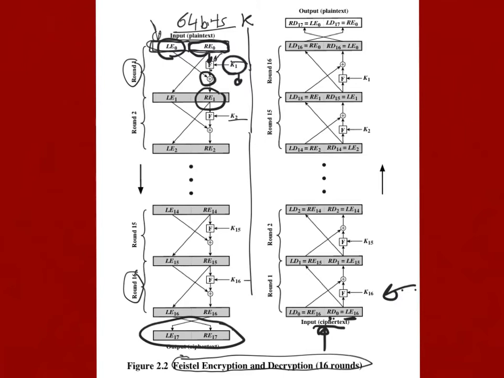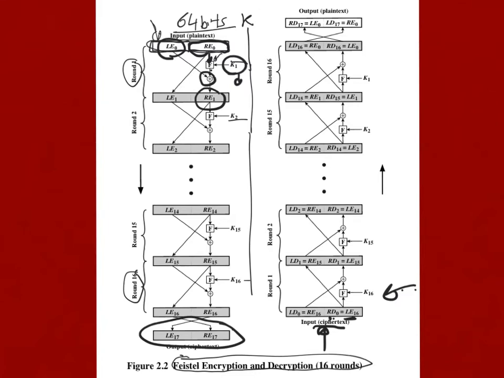That's what we did when we mapped the Feistel structure into two equations. So it looks very complicated, multiple rounds, but when we break it down to two equations, it becomes very simple to understand, right?